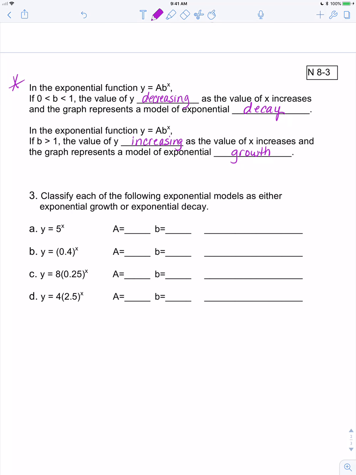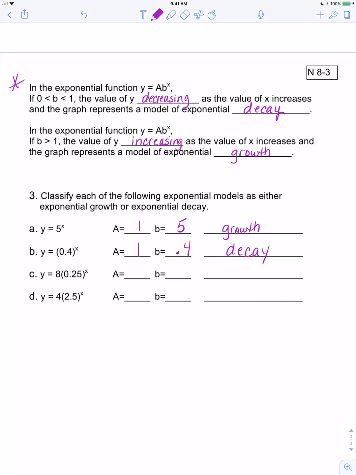Okay, so we're going to classify each of these following exponential models as either growth or decay. Okay, so A, we don't have a number out there, so B is 5, and that is greater than 1, so that is going to be growth. Or we could say A is just 1, right? A is 1 here, B is 0.4, so that is less than 1, it's between 0 and 1, so that's going to be decay.